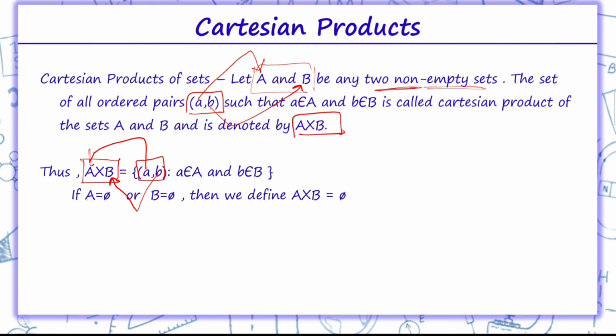But yes, if there is no element in set A and no element in set B, that is they are phi, then A cross B will also be phi.